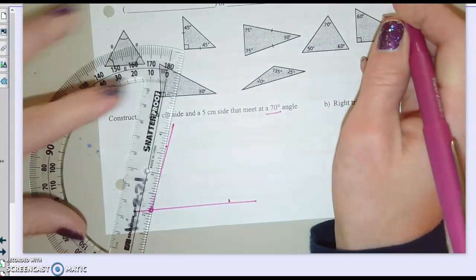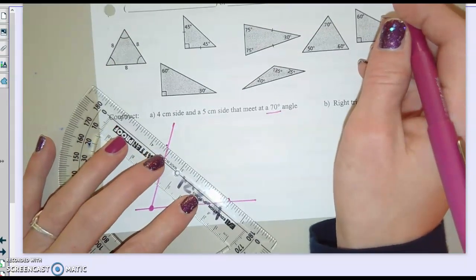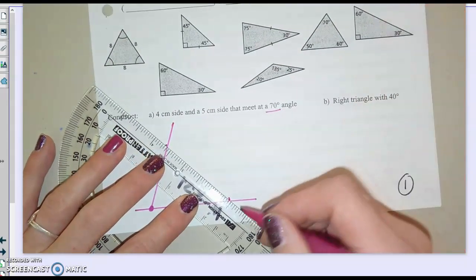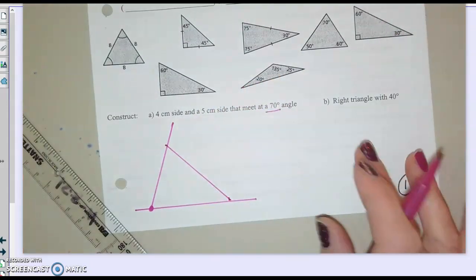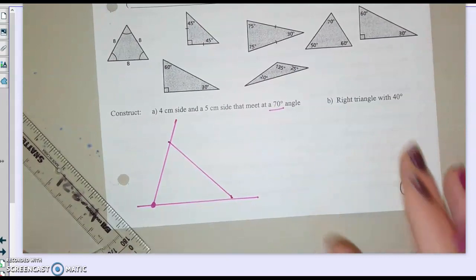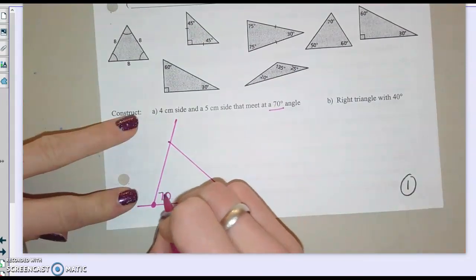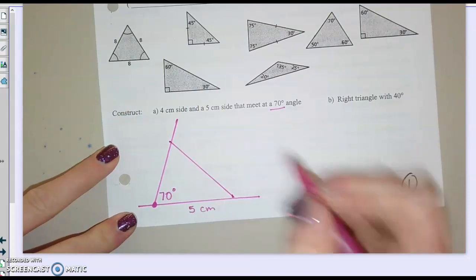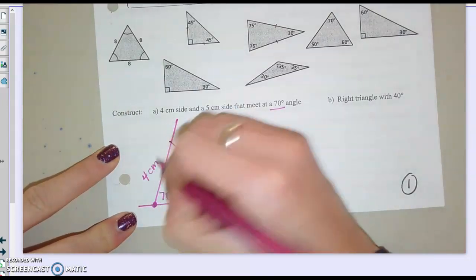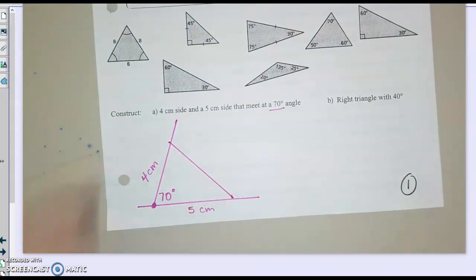Okay, you can watch this through and then maybe pause and let everybody catch up. But if I connect those, I've got my triangle. We know this was 70 degrees, but I want you to also label 5 centimeters and 4 centimeters, and we need to measure these other angles.